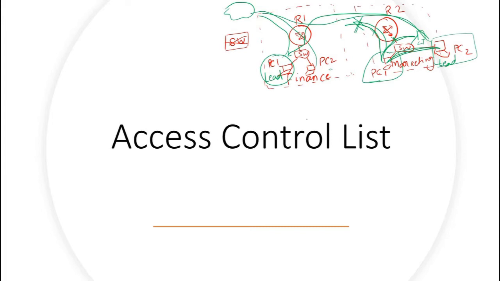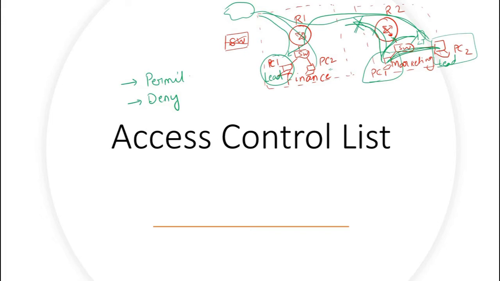There are two terminologies in the access list, that is permit and deny. Based on different rules, it permits the traffic or denies the traffic. So let's explore more.